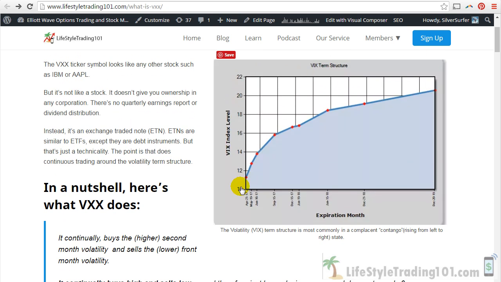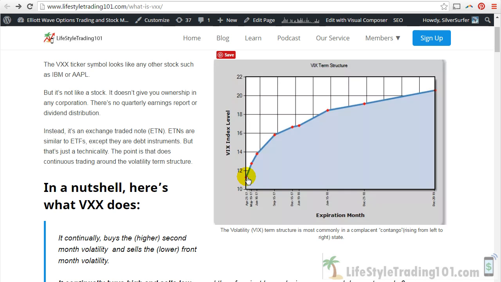This volatility term structure is upward sloping, right? The portion we care about and the one that moves the most is the front month to second month. Now, when there's fear in the market, this term structure won't necessarily be sloping upwards. In the short term, it could be sloping downwards.